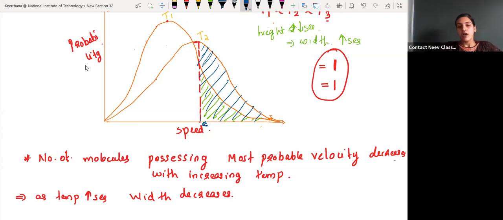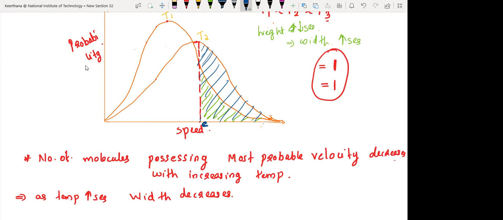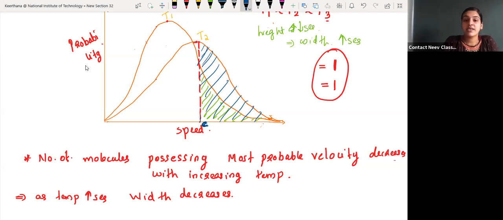Higher than c, or fraction of molecules having a speed greater than c, right? This is the fraction of molecules having speed greater than this value. So this area represents fraction of molecules having speed greater than c.